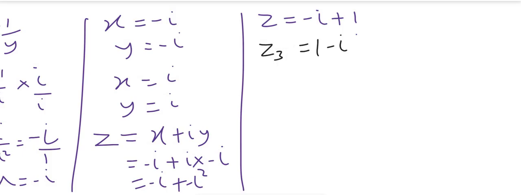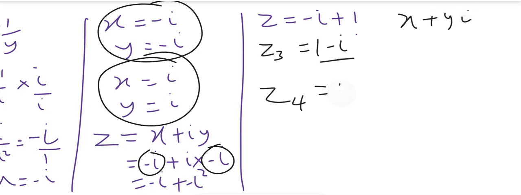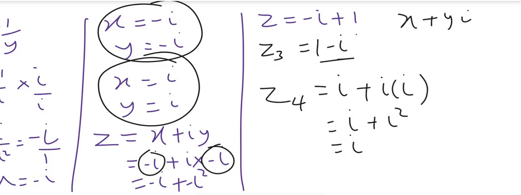So the fourth one, I'm using this pair now. I've used negative I, negative I. For the fourth one, I'm putting positive I. X is I, y is also I multiplied by I. Here I have I plus I squared, I minus 1.